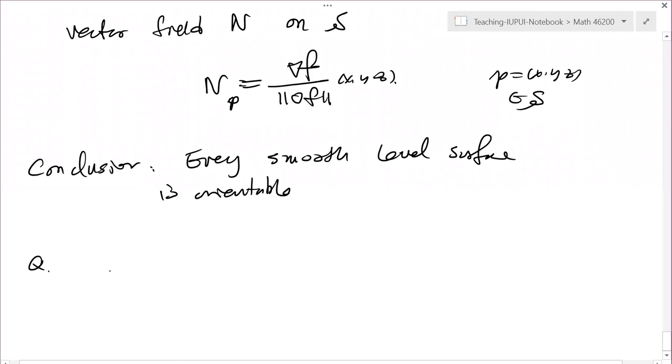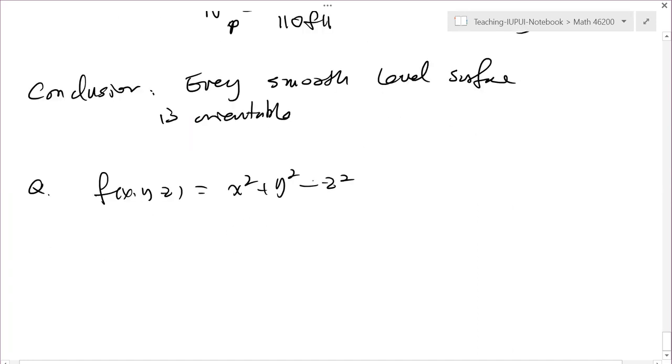So let's take a look at an example. f(x, y, z) equals x squared plus y squared minus z squared. Then the gradient of f is (2x, 2y, minus 2z).